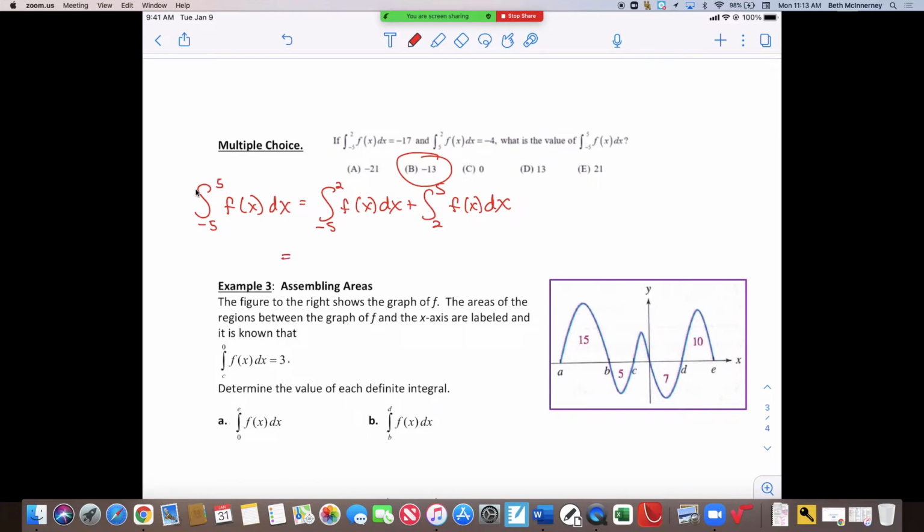So this is negative 17, but do you see this is in the wrong order? So I need to flip it. So then that becomes, and you could do my plus a negative negative, however you want to do it. You could have also negated here, said minus, and that's all okay too.